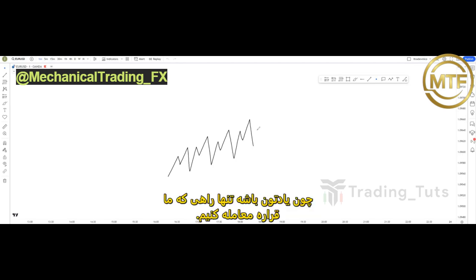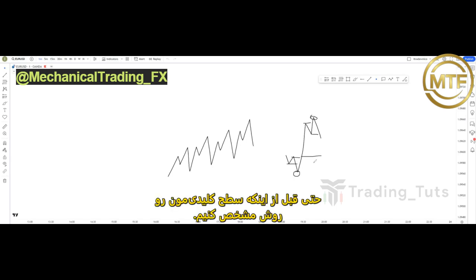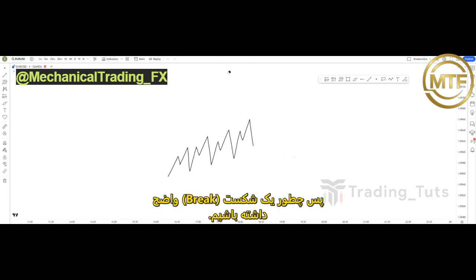Because remember, the only way we're going to take a trade is once we have two obvious QM being formed. They have to be clear on the chart before even putting our key level into it, right? So how do we have a clear break with high probability?